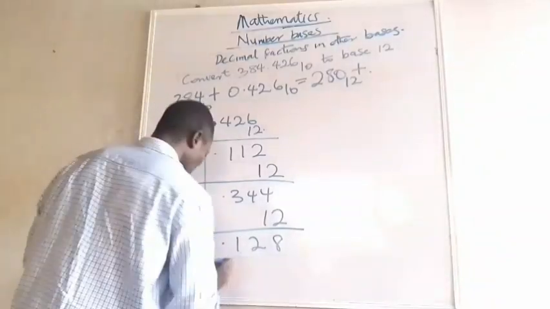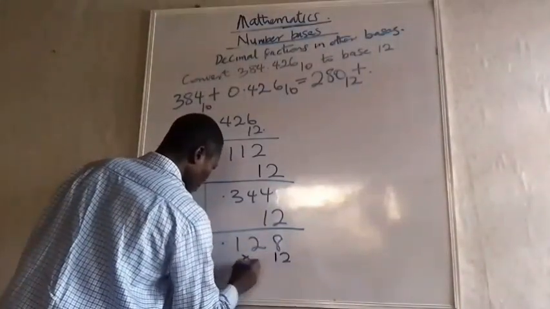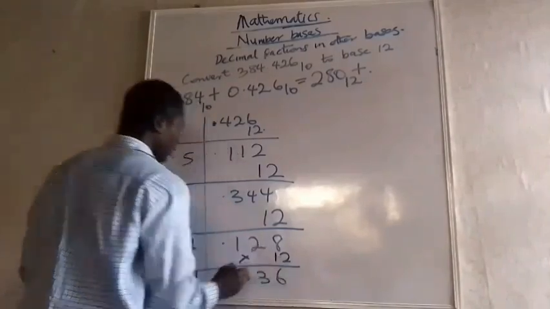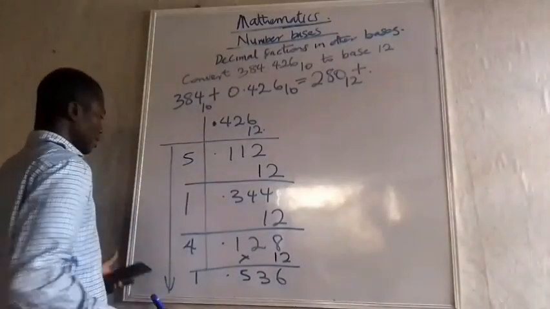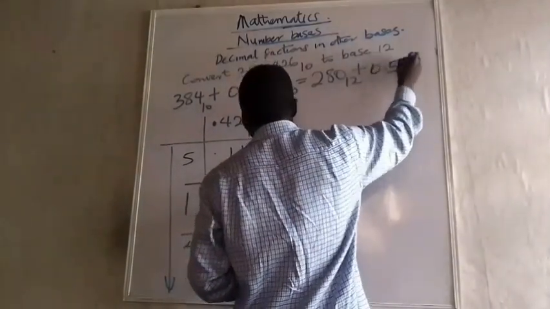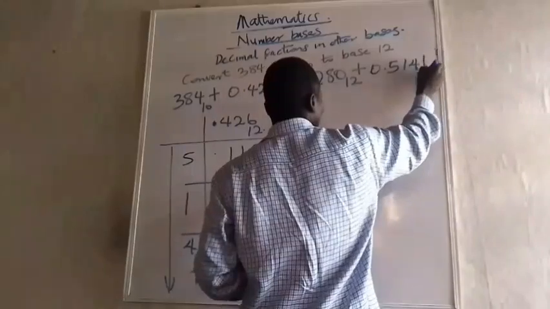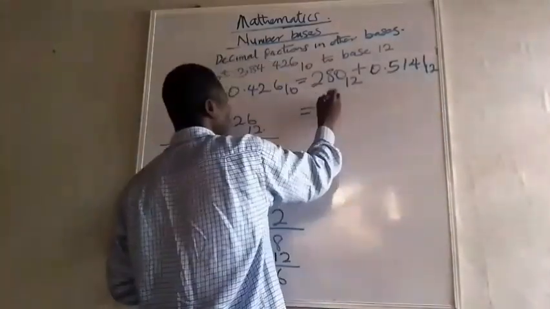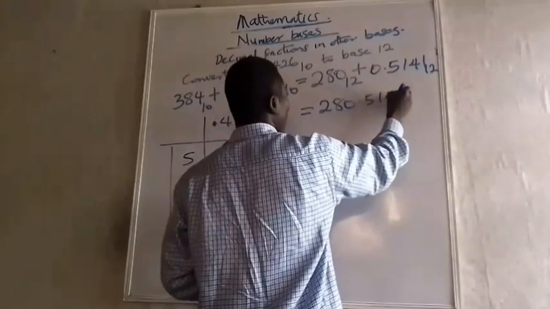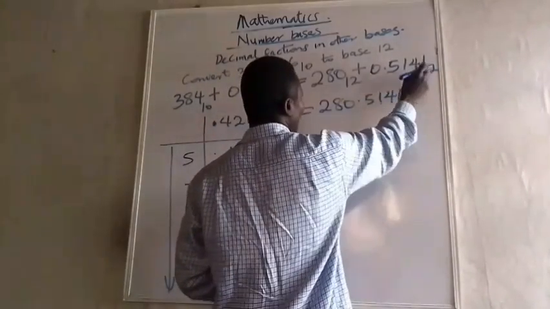So this gives me 1.536. So I have to copy it downward, and that's going to give me 0.5141. So it's going to be 280.5141. I might add that one, I might remove it.